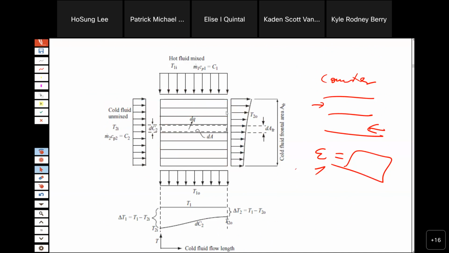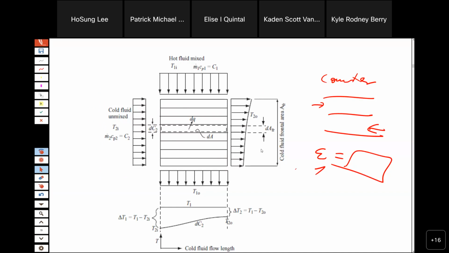This is just one trunk. It's mixed. This can go this way, this way, mixed. The unmixed one has a temperature gradient along it. The mixed one is the same throughout.